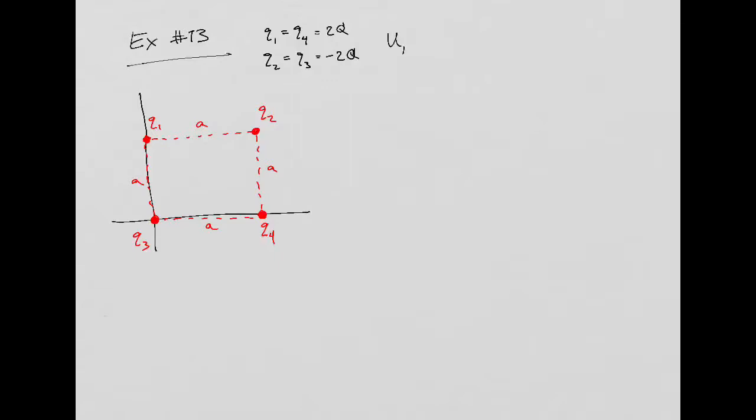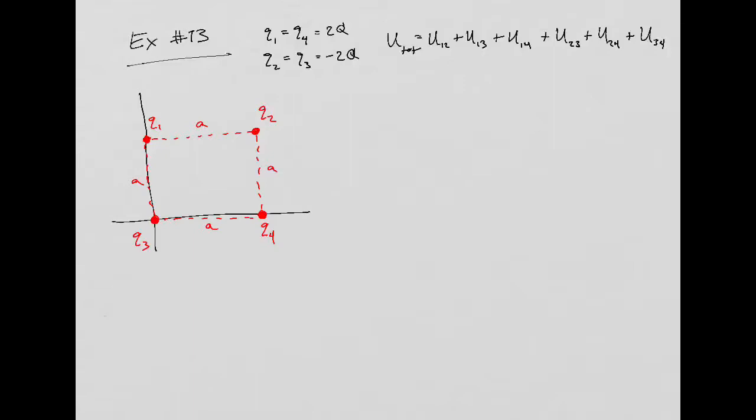The total potential energy is going to be the potential energy shared between Q1 and Q2, between 1 and 3, between 1 and 4, between 2 and 3, between 2 and 4, and finally between 3 and 4. So again, there's a lot of terms, but this will simplify greatly, and we're just dealing with numbers here.